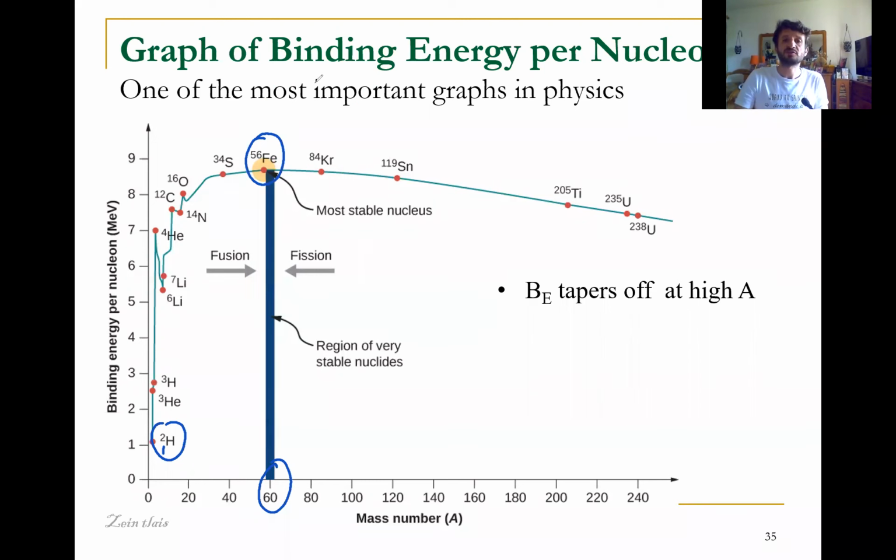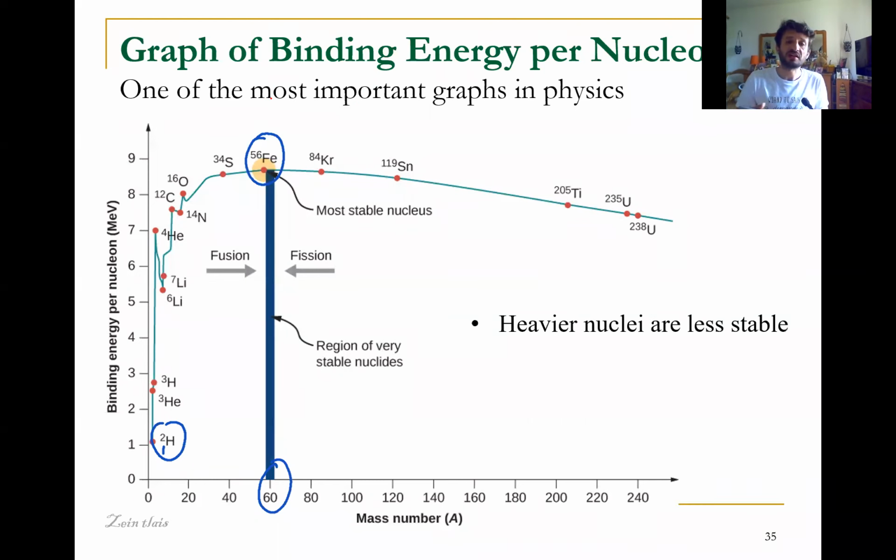Why? Because the heavier nuclei are less stable, okay? And the elements here have, we can say, a lower binding energy.